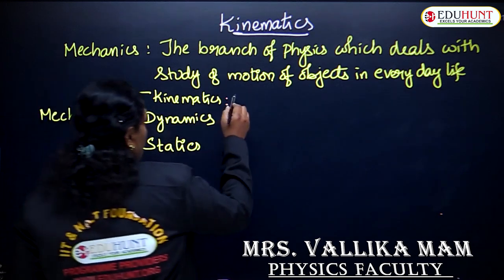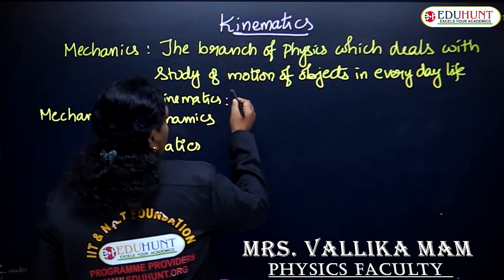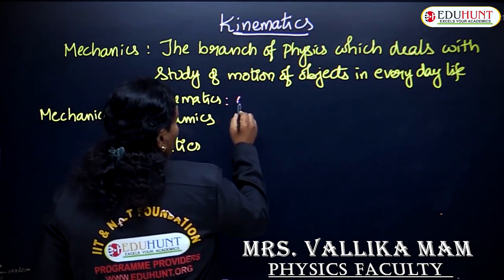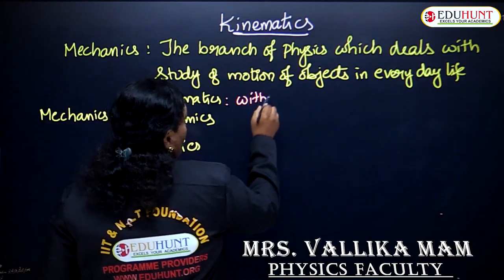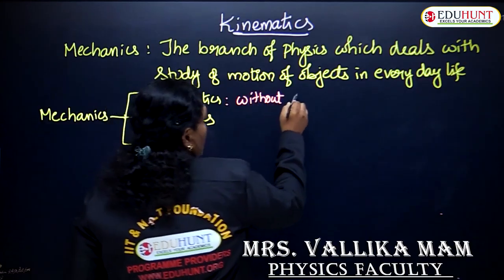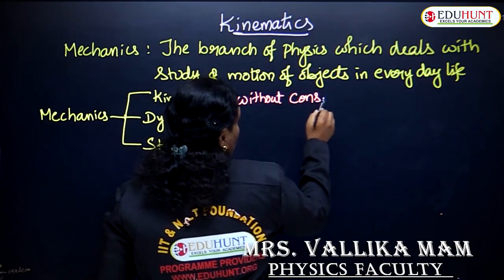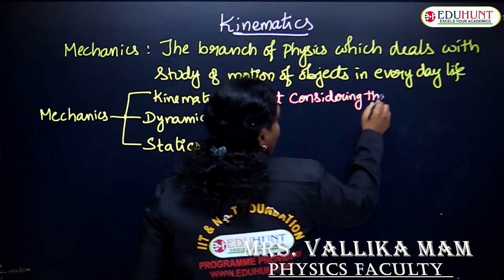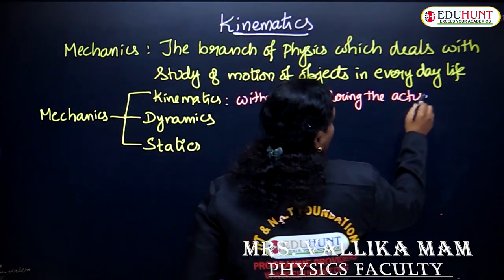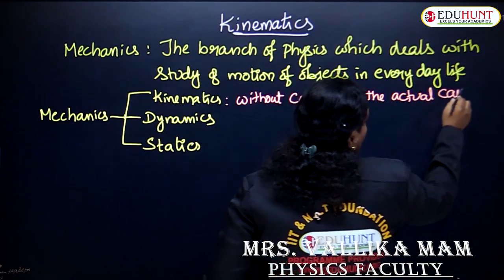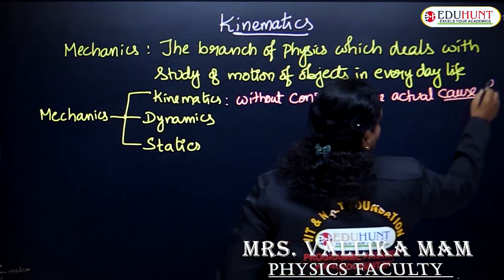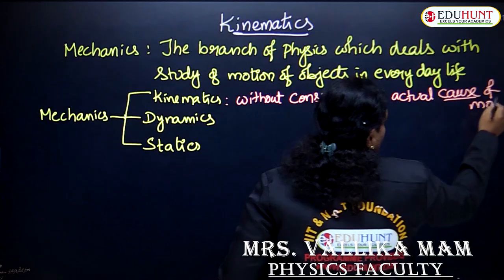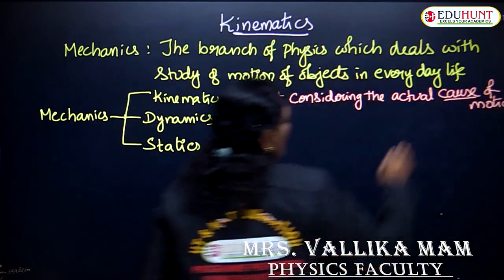So kinematics is the branch of physics which deals with the study of motion of objects without considering the actual cause of motion. So the cause of motion is not taken into account.